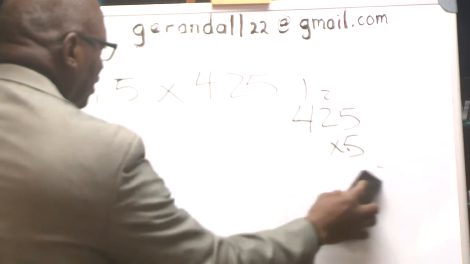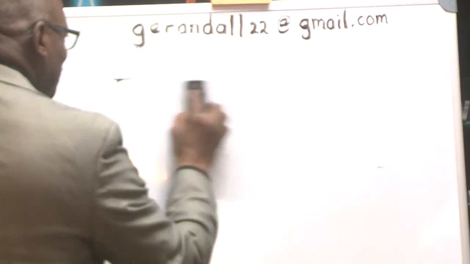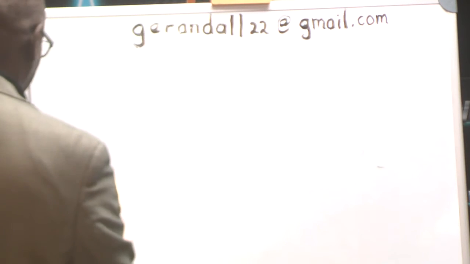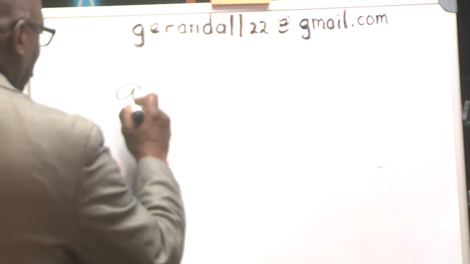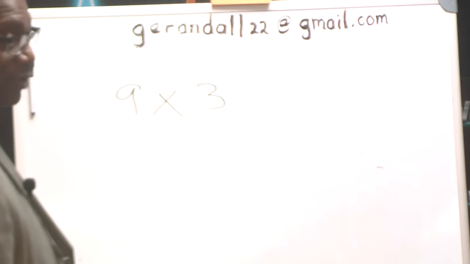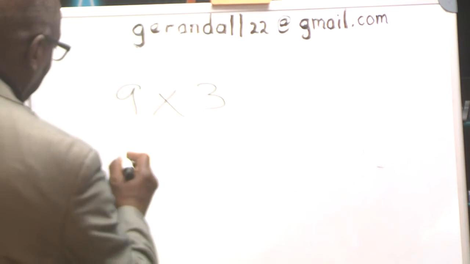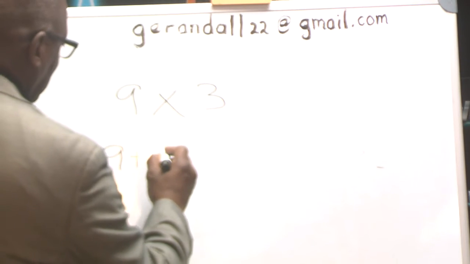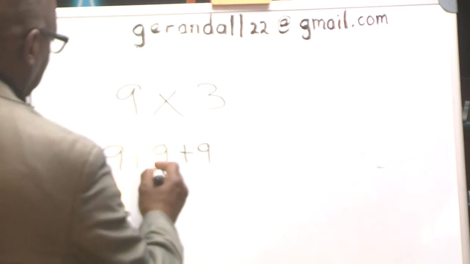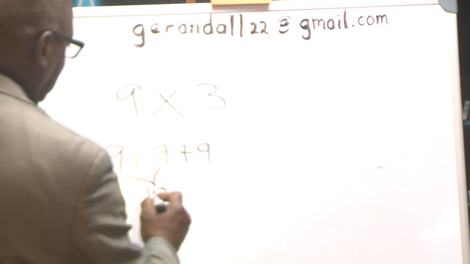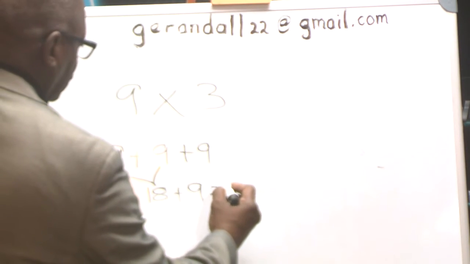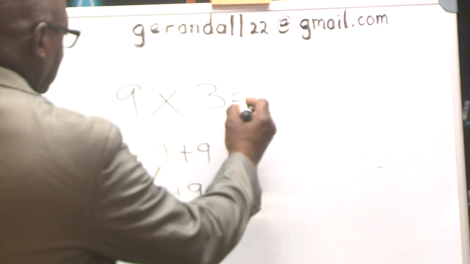One of my favorite numbers: 9. 9 times 3, or 3 nines. Again, 3 nines. 18, 27.